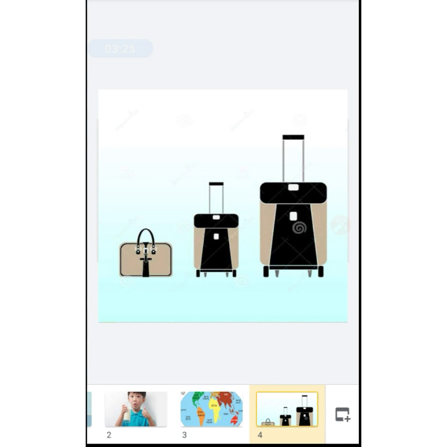Now, you are seeing three different sizes of bag. One is smaller, the second one is bigger than the first one, and the third one is the biggest of all of them.